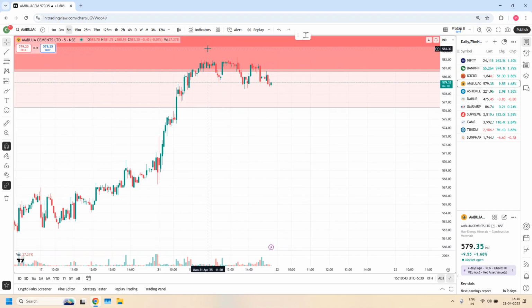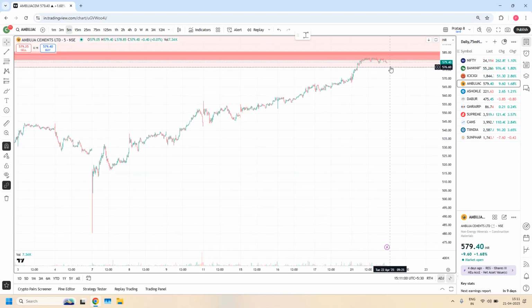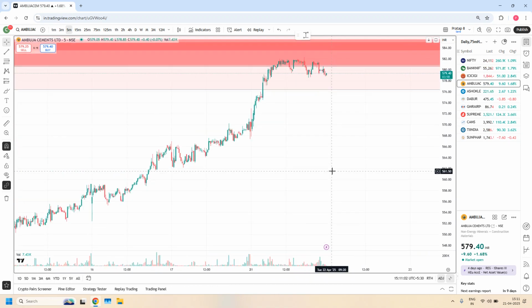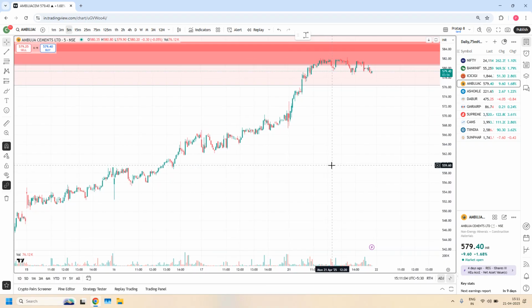If there had been some more movement, maybe another 2 rupees from here, we would have got a trade opportunity. After that, prices were moving within this area only today, in a small range. So that is the way we missed the trade opportunity from this stock.